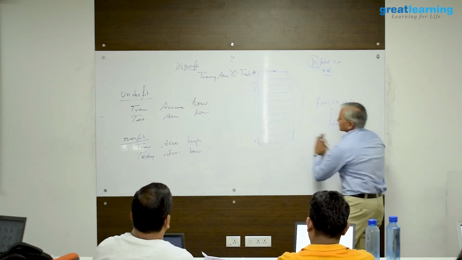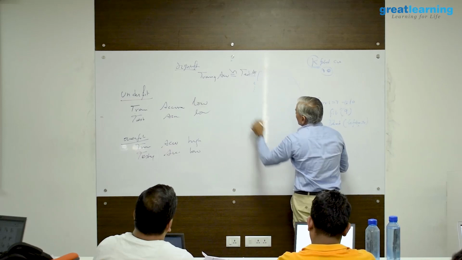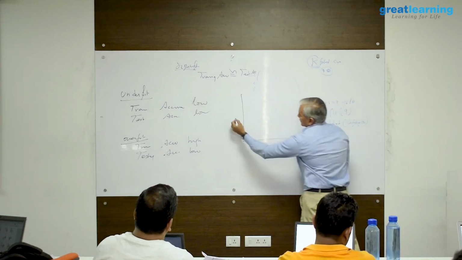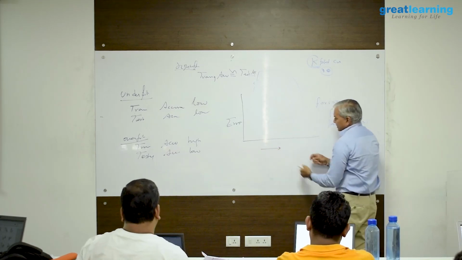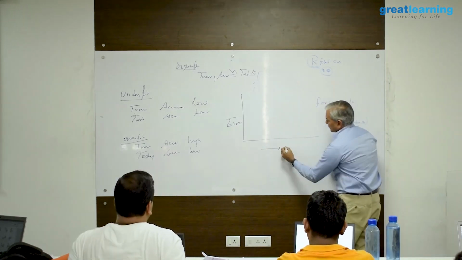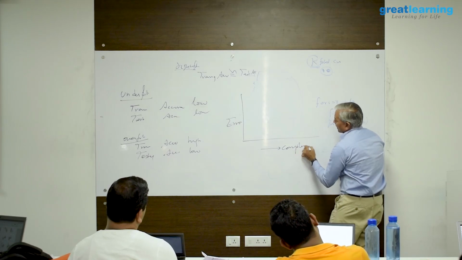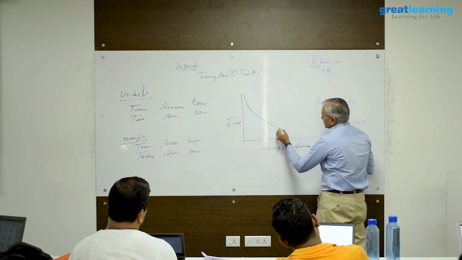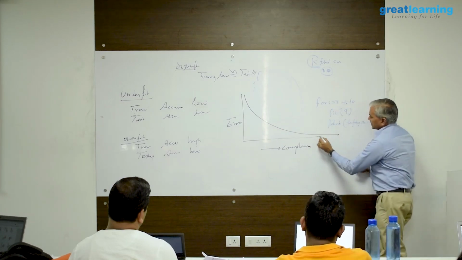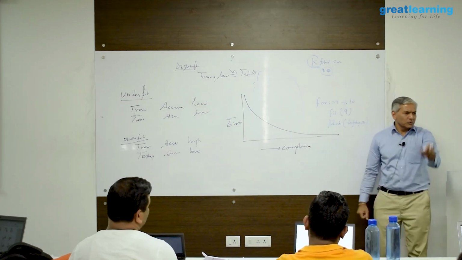All right. So if I plot a graph of errors, and this is my complexity, then you will see that my training error comes to 0. Especially a decision tree will give you training error 0.